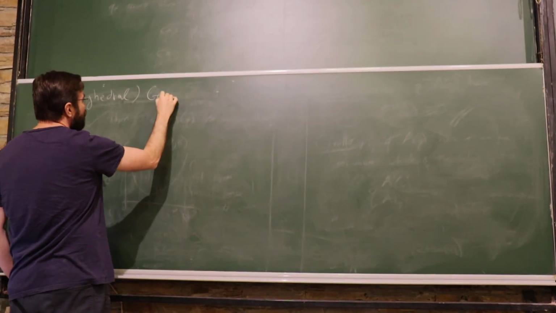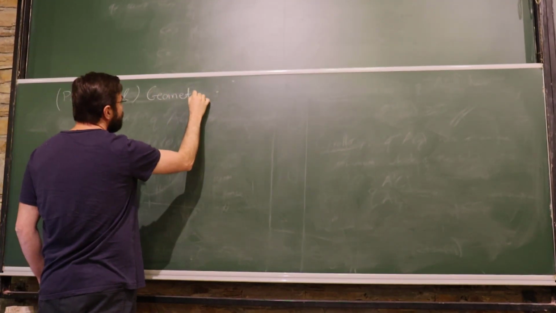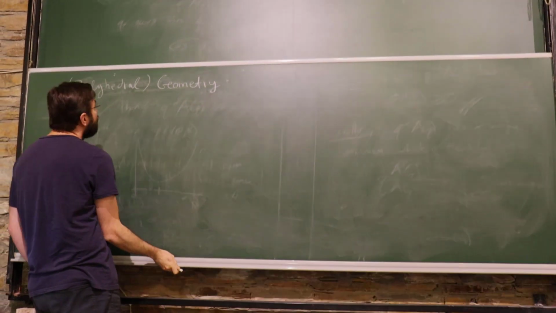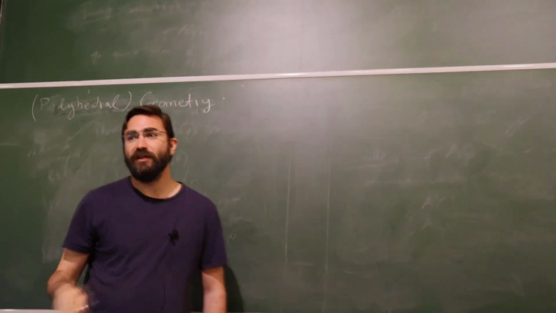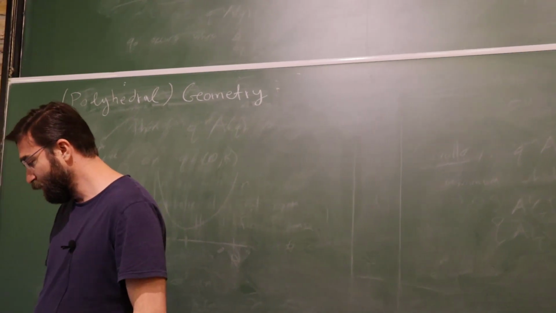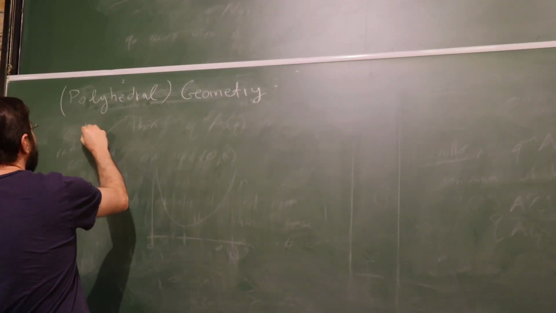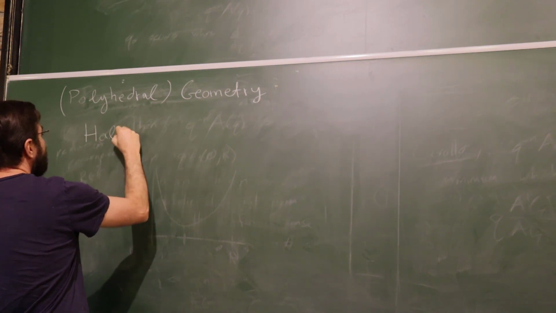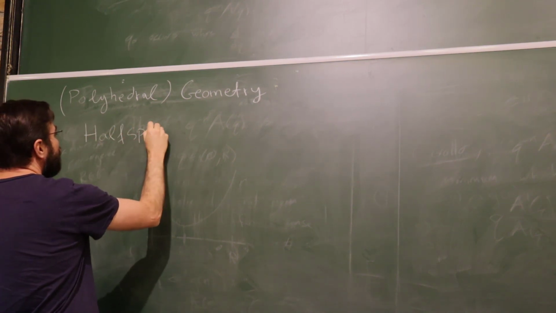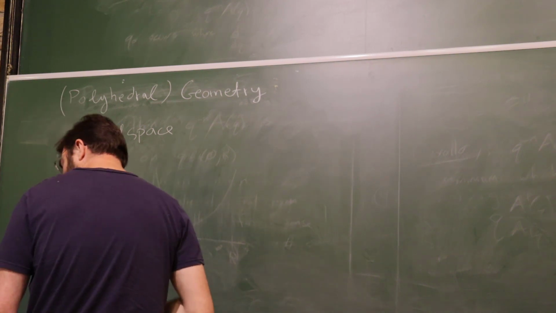When I say geometry, I mean polyhedral geometry, and I will start by introducing every concept I will use. We'll start from zero. The first one is that of a half space.